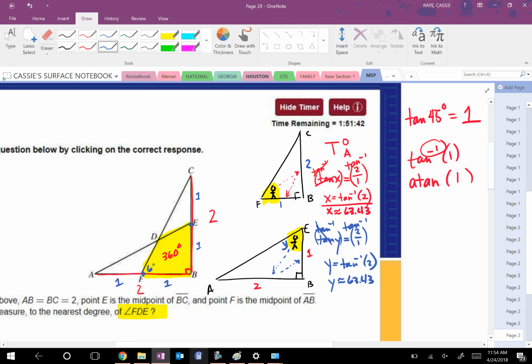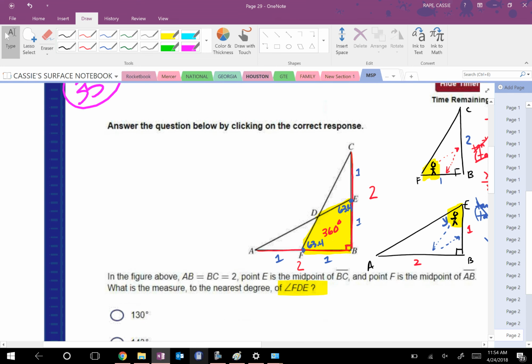So let's add those up. 63.4 plus 63.4 plus 90 is going to equal 216.8. And now do 360.0 minus 216.8, and you will get 143.2.